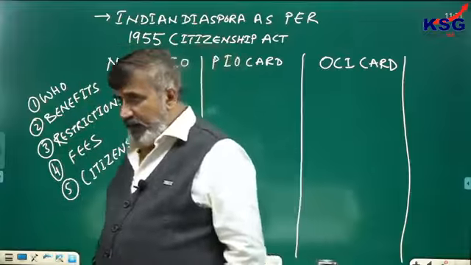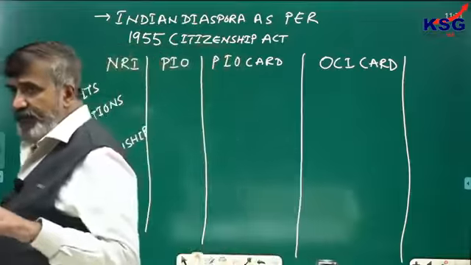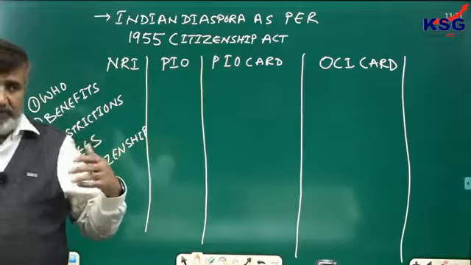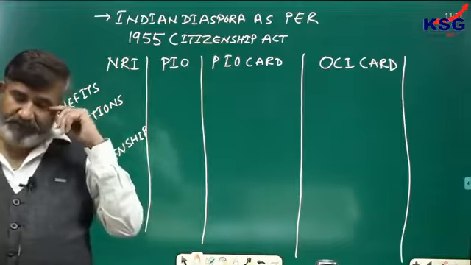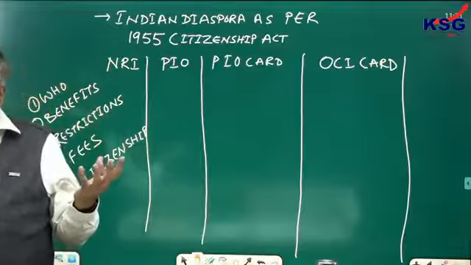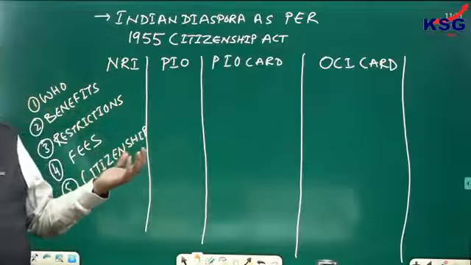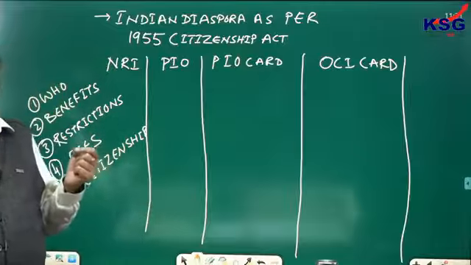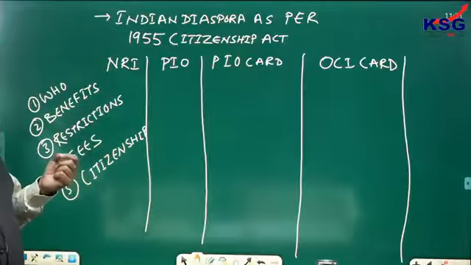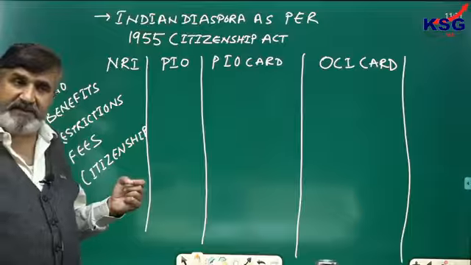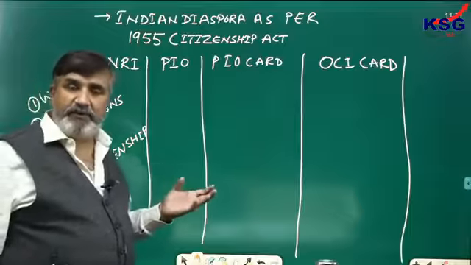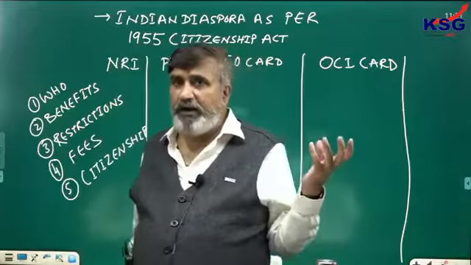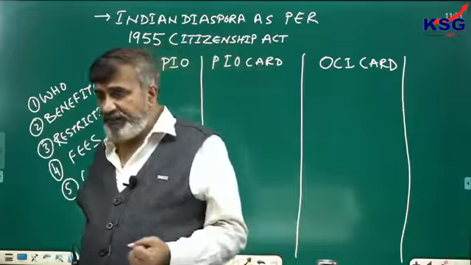And that's why they are called NRI, that for more than, you can say, 6 months they are outside India. So that's why they are non-resident Indians. Even people who are on United Nations assignment, for example, peacekeeping force, etc., they can also be accorded NRI status.